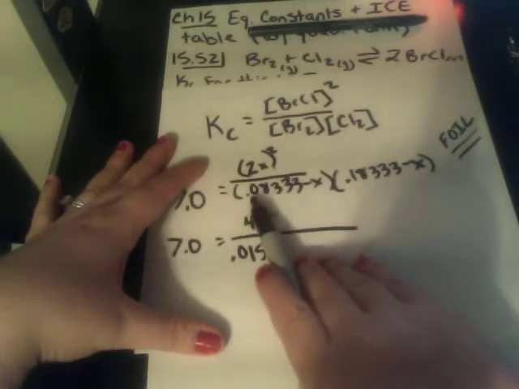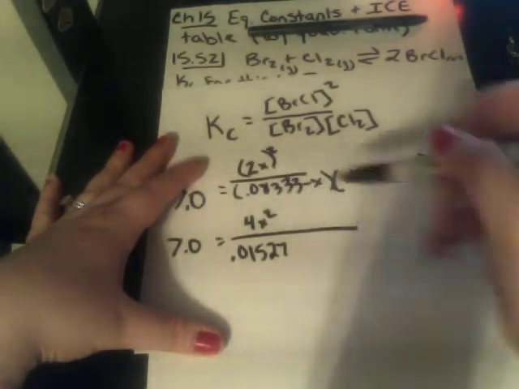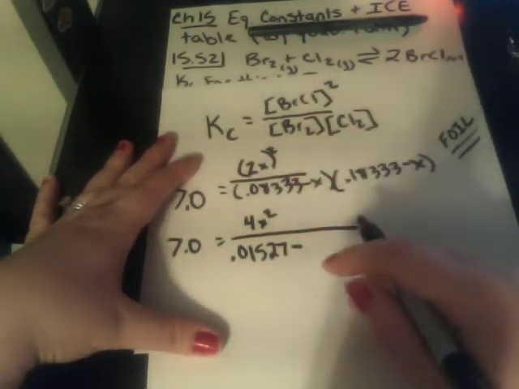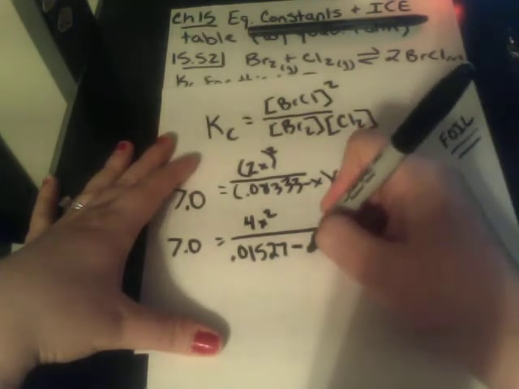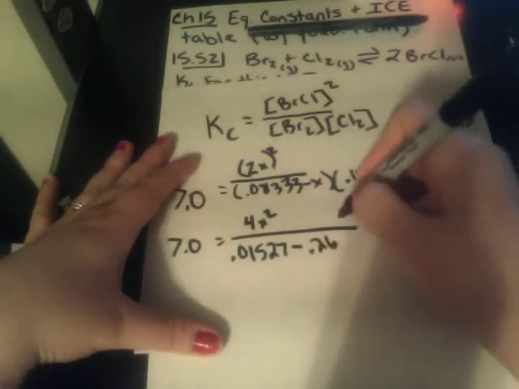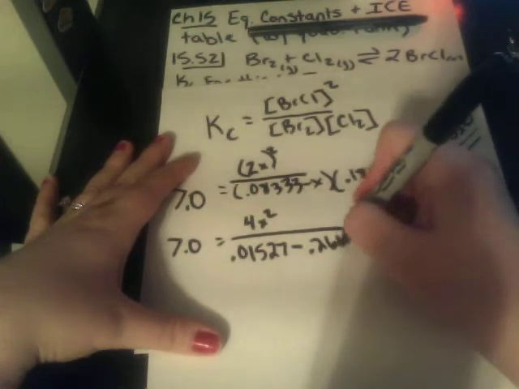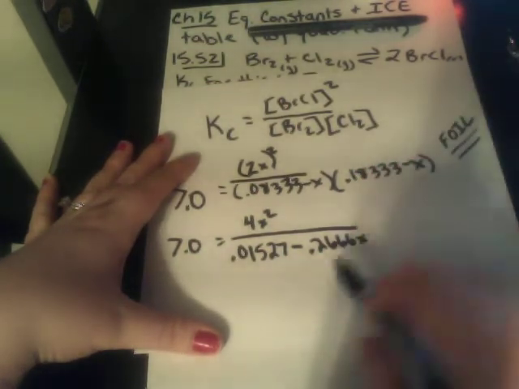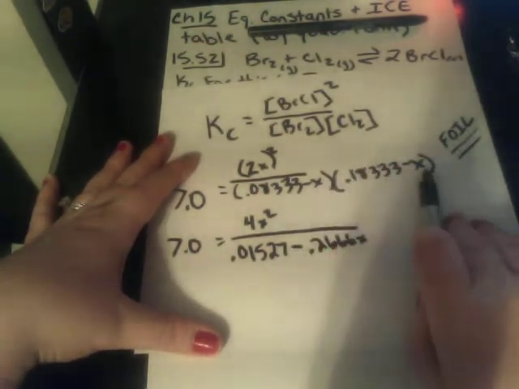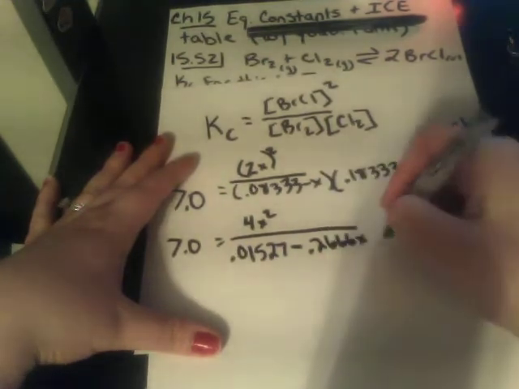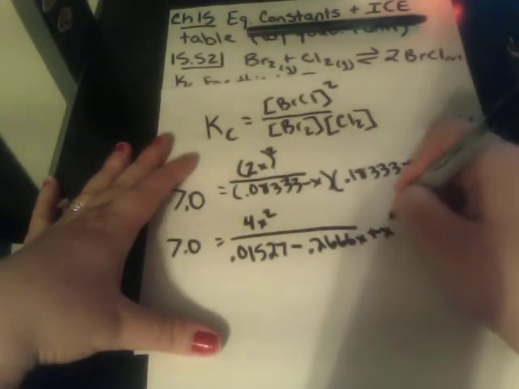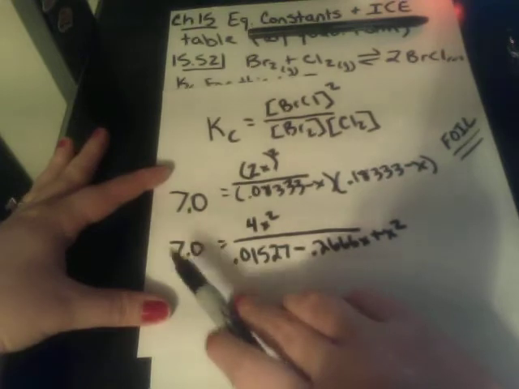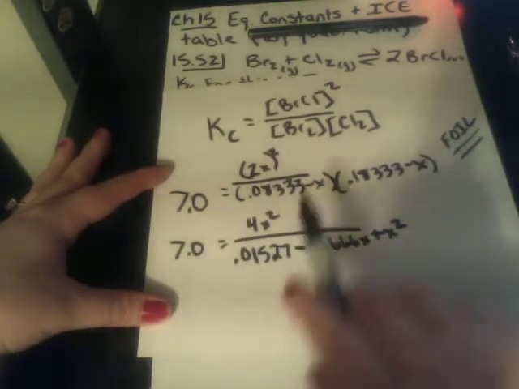This is going to give us 0.08333 minus x. If you combine those two, you're going to get negative 0.2666x. And then last, minus x times minus x is just plus x squared. And all this is equal to 7.0.